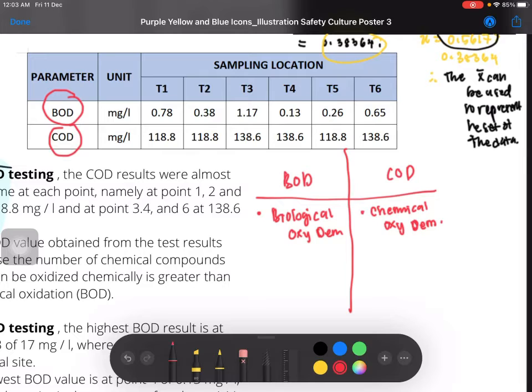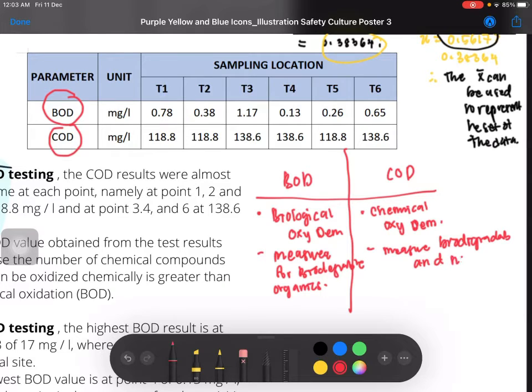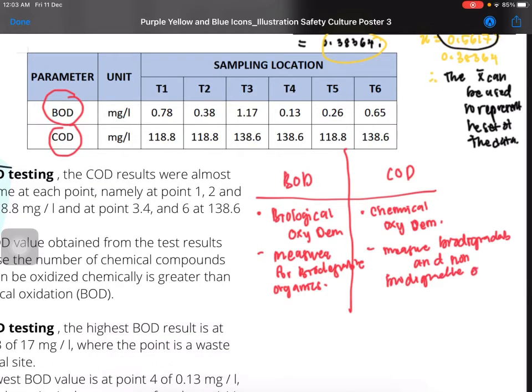BOD is the measurement for biodegradable organics, while COD measures biodegradable and non-biodegradable organics.